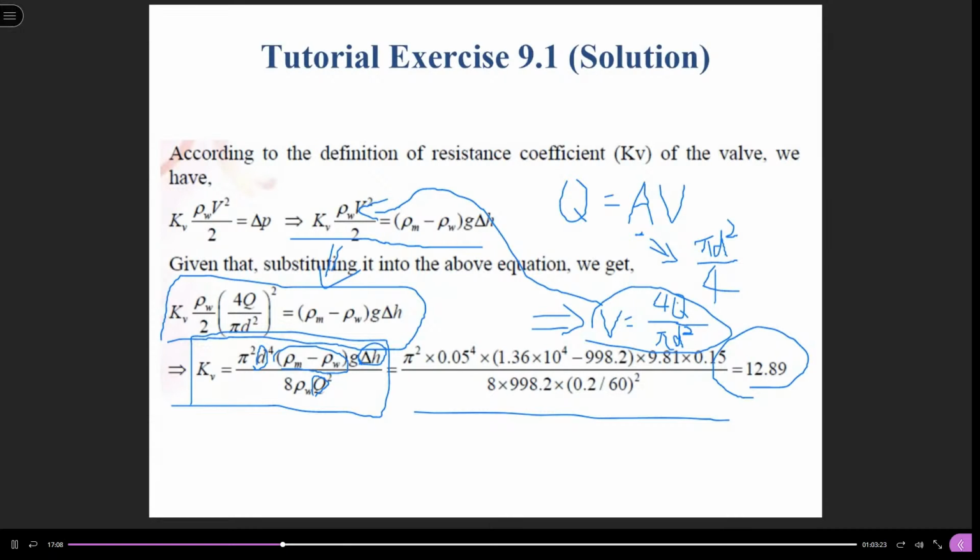Here, please note that the resistance coefficient is a dimensionless variable, no unit. Any questions?